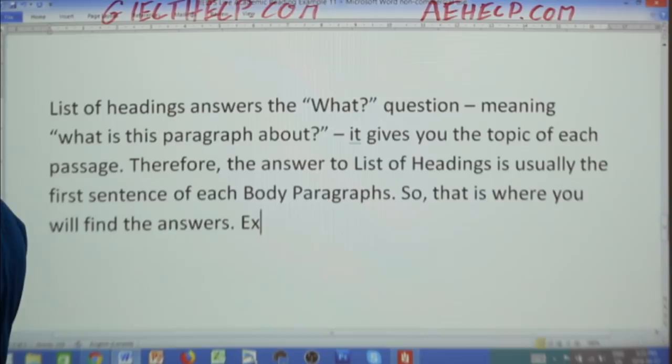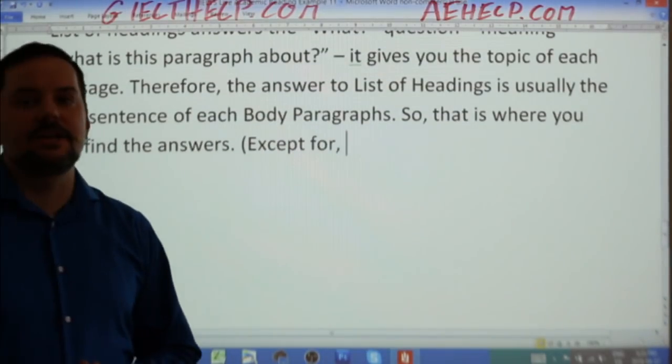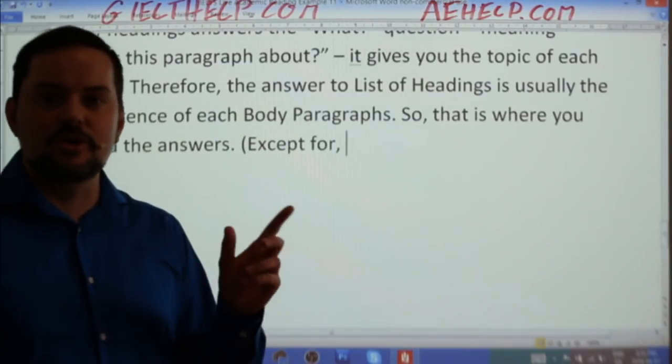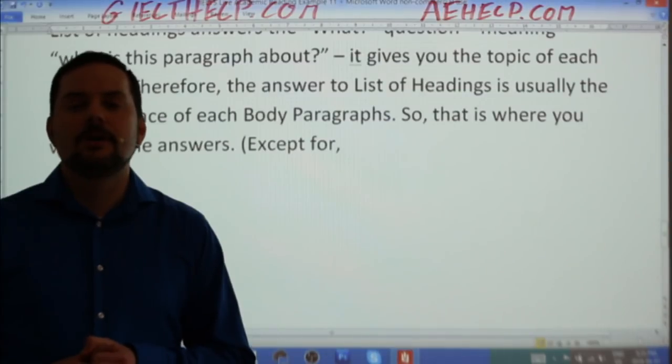Except for what? So usually for list of headings, like I say, you'll find the answer in the first one or two sentences of a body paragraph, except for which paragraphs?